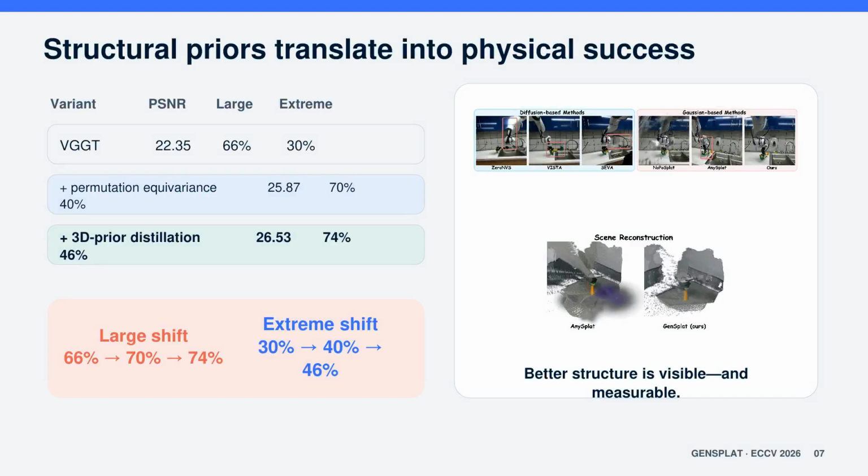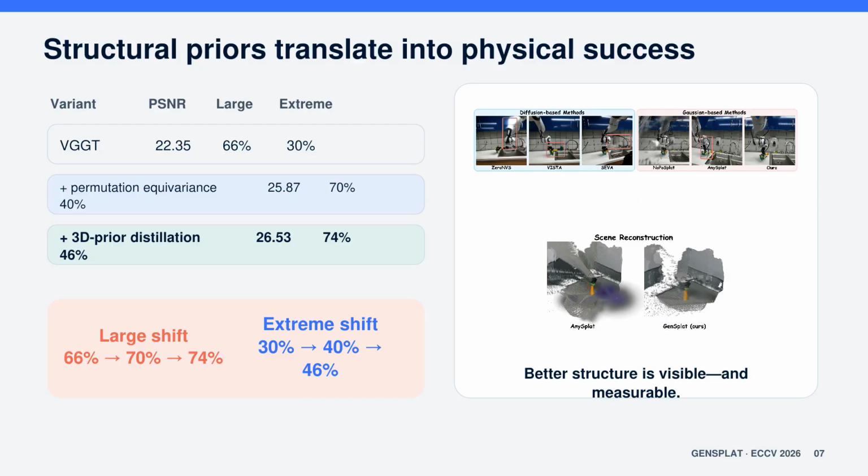The ablation connects the architectural choices to both rendering quality and physical success. Starting from the VGGT-style baseline, permutation equivariant aggregation raises success from 66 to 70% under large shifts and from 30 to 40% under extreme shifts.